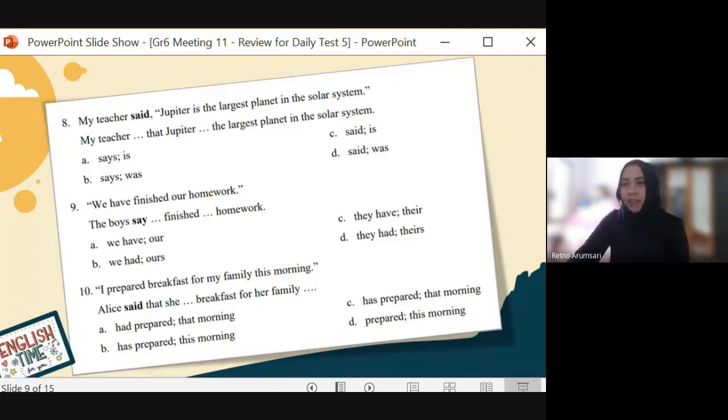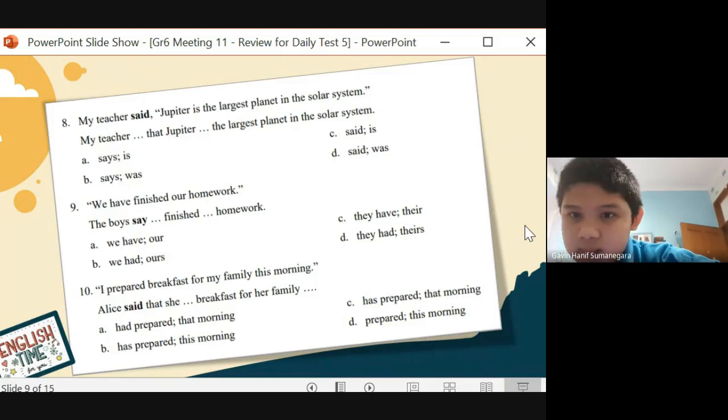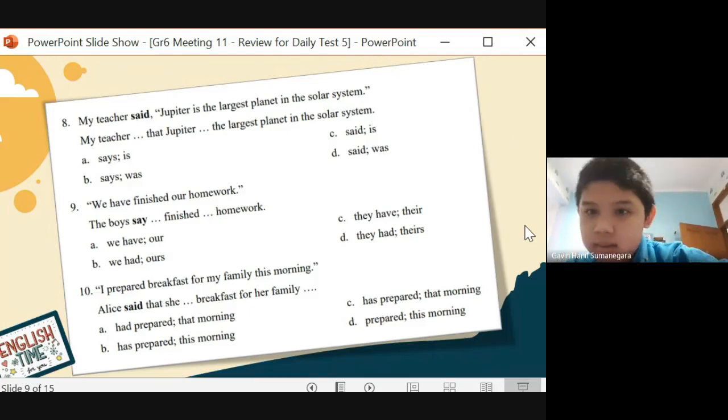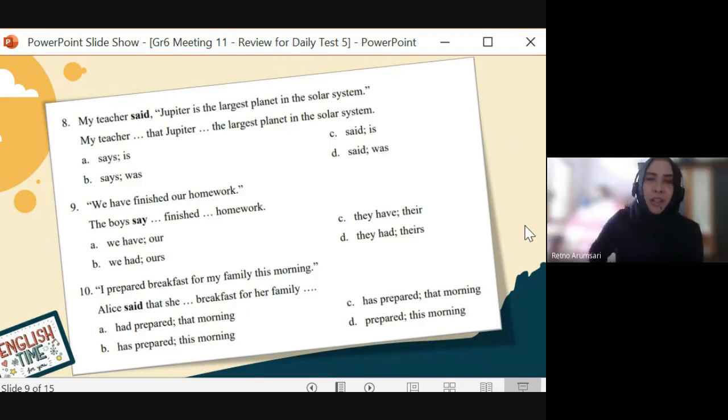Next, number 8. Gavin, Hanif. My teacher said Jupiter is the largest planet in the solar system. My teacher said that Jupiter is the largest planet in the solar system. Okay, why is that the answer?